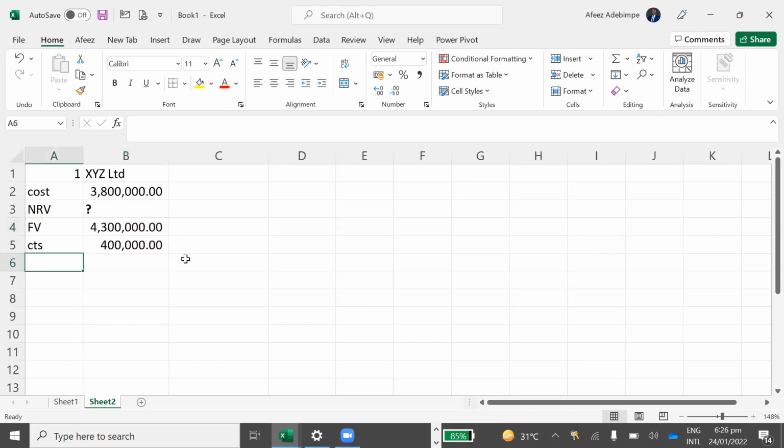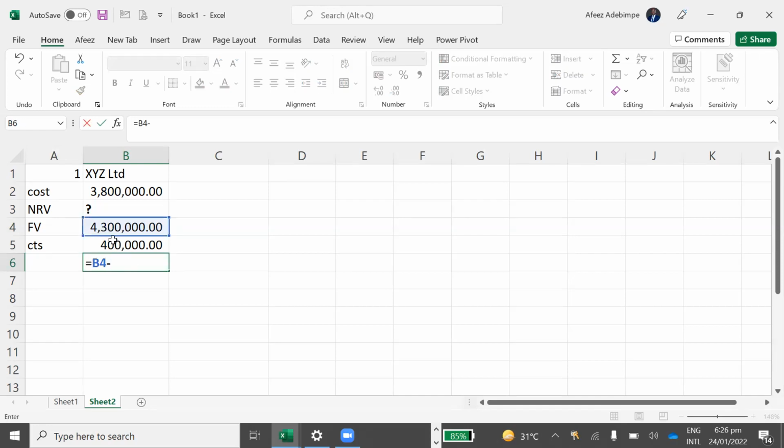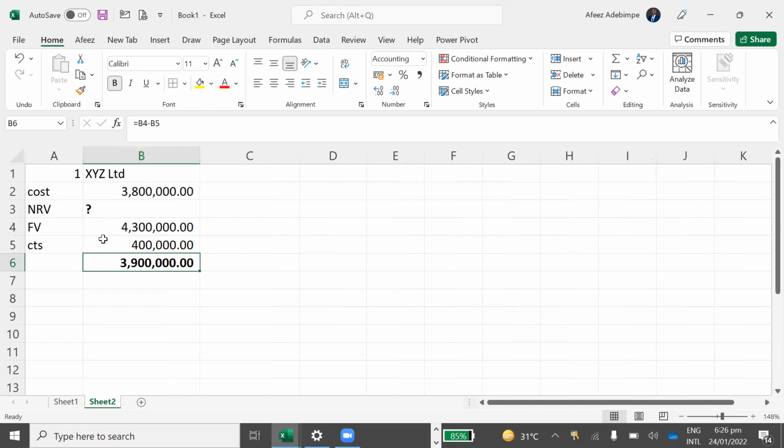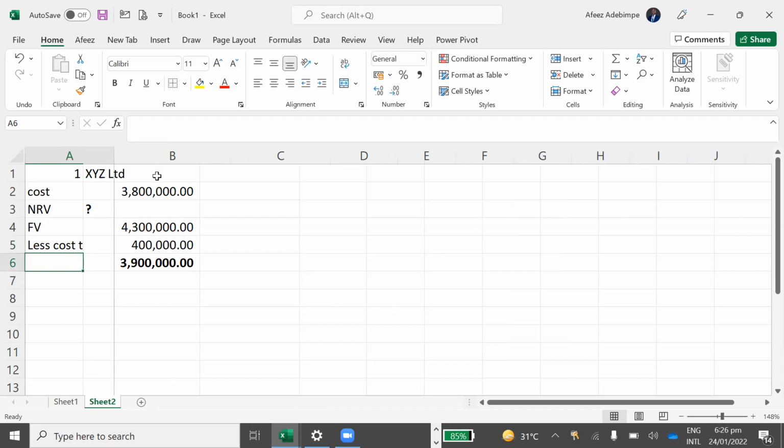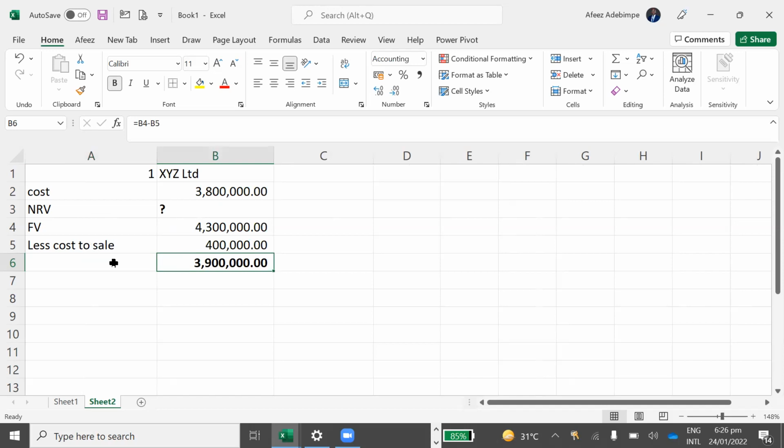To get my NRV, it will be fair value minus cost to sell. My NRV value is what? $3.9 million. Less cost to sell.